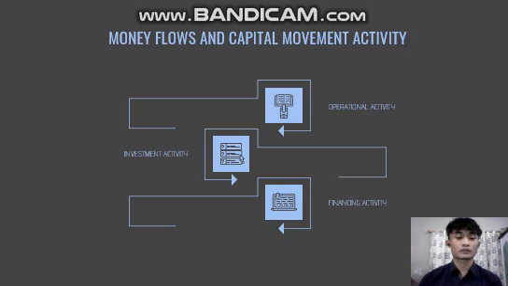We'll move to the money flows and capital movement activity. They are divided into three based on activities. The first one is operational activity. The second one is investment activity. Then the third one, the last one, is financing activity. All of that is to conclude the owner's equity over a certain period of time during the change of his interest or from the activity of business units, which explains change in capital and reserves over a year.